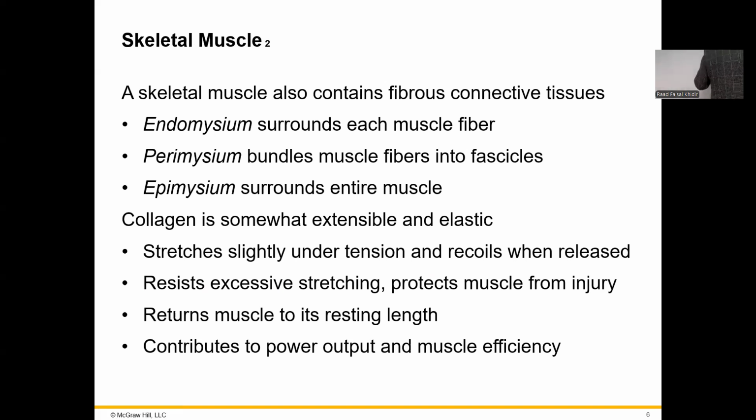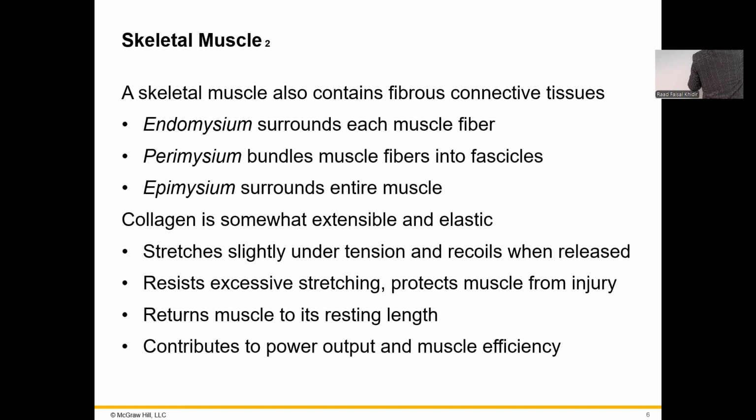The first level, I have my muscle fibers. These muscle fibers are surrounded by your endomysium. So each muscle fiber is surrounded by, this is the endomysium. You guys see this zigzag line?